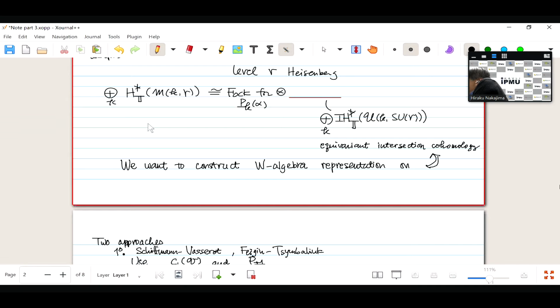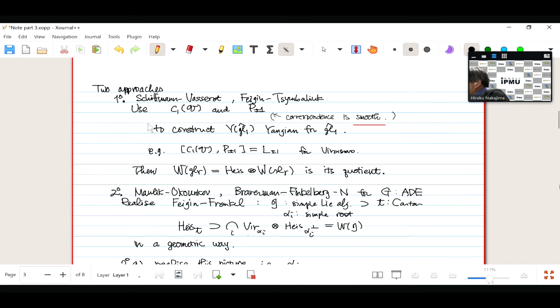The generic level means that we tensor with fraction fields. And once we tensor with fraction fields, many interesting features of the genuine equivariant homology will be lost. So we don't want to do that.